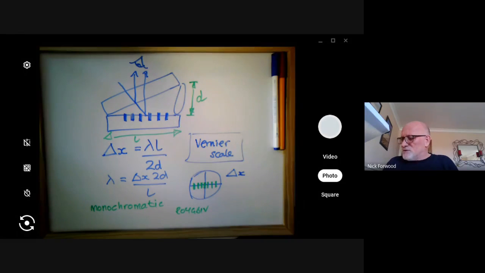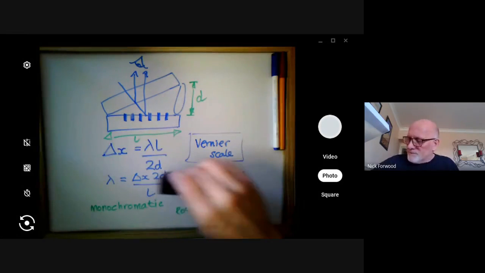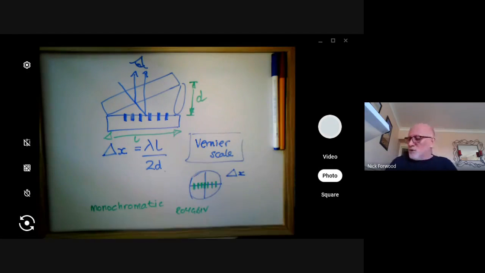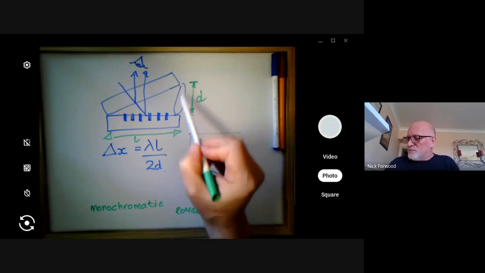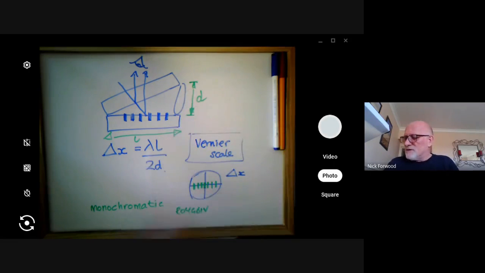So what can we use this equipment for? We can either use it for measuring the wavelength of light, or if you know the wavelength of light, you can use it for measuring D. So a rewrite of the formula, depending on whether you want to make lambda the subject of the formula or D the subject of the formula. So delta X, fringe separation carried out with the vernier scale. D, how thick the object is at the end. Lambda, the wavelength of light.